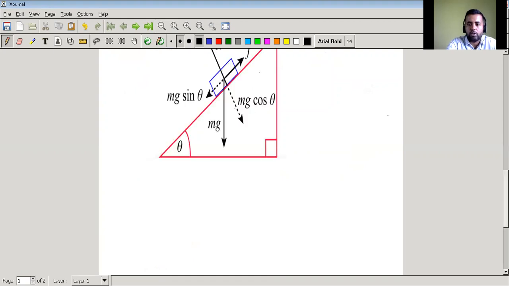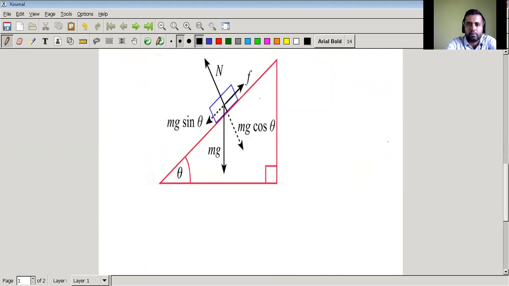Now you are familiar with inclined plane. This is called angle of inclination. Fine. So this is an inclined plane. Now let us say this block is in equilibrium. Fine. So the block is in equilibrium.